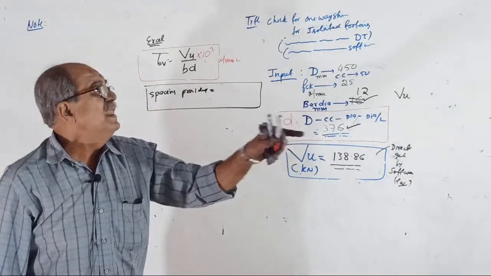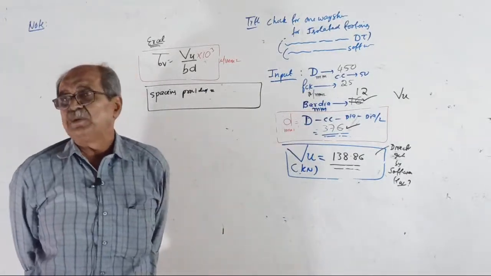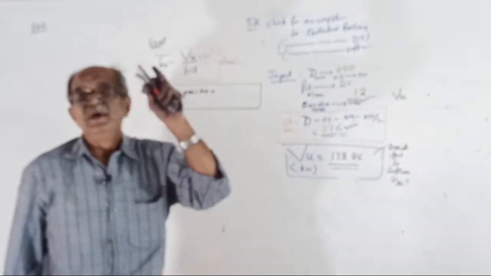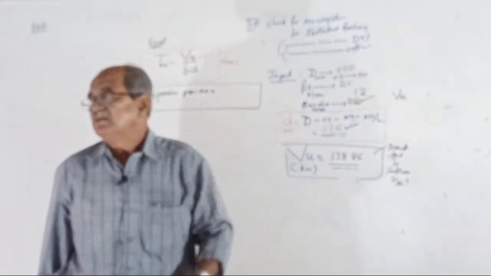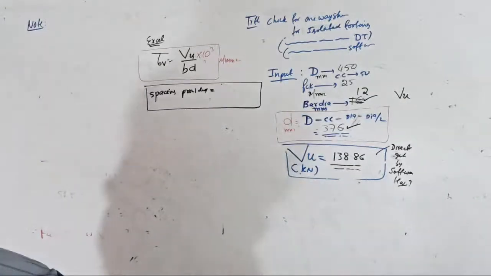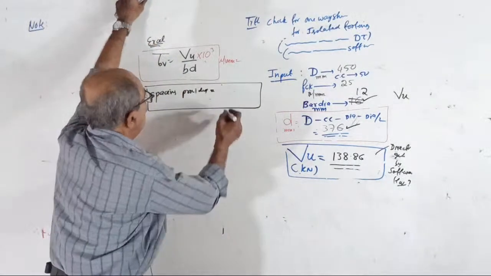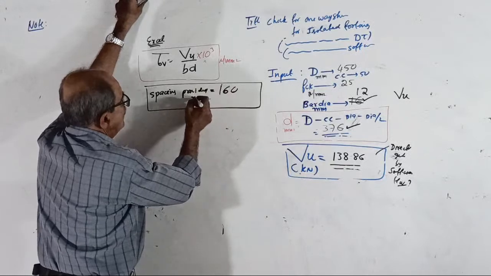You should do it in the beginning only, before the check for shear, not after the check for shear. Later you decrease the spacing. I think it is 160, most probably. Correct? 12 at 160, I think. Tell 160 millimeter. Over.